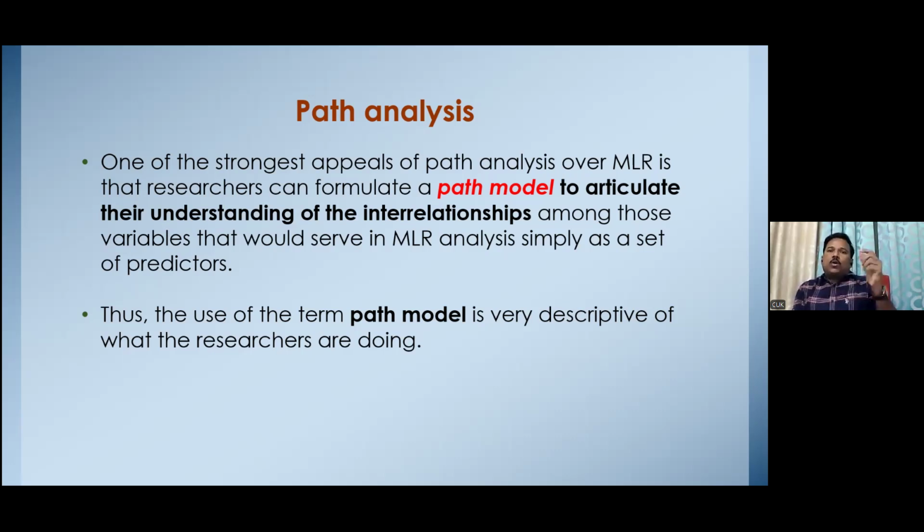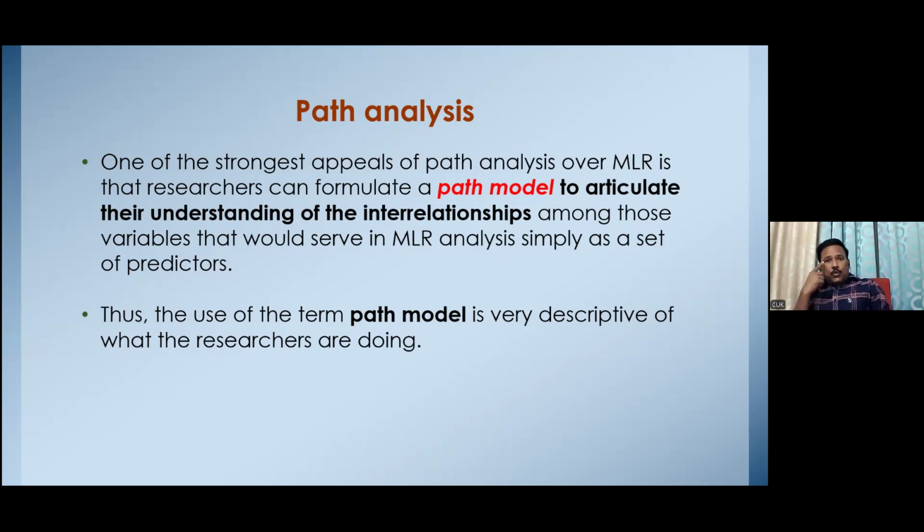When I mentioned that variables A, B, C are simultaneously or parallelly trying to predict D, you cannot articulate any interrelationship in multiple linear regression, but in path analysis, of course, you can.